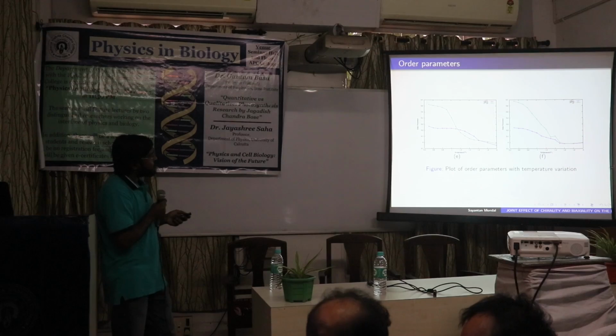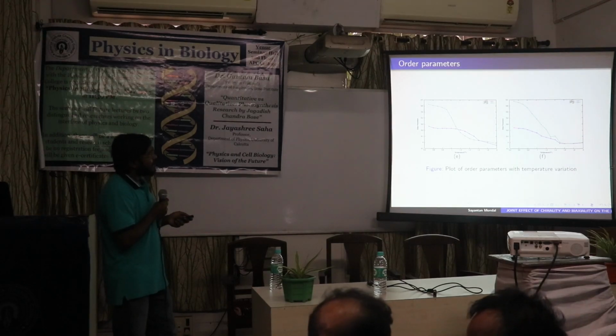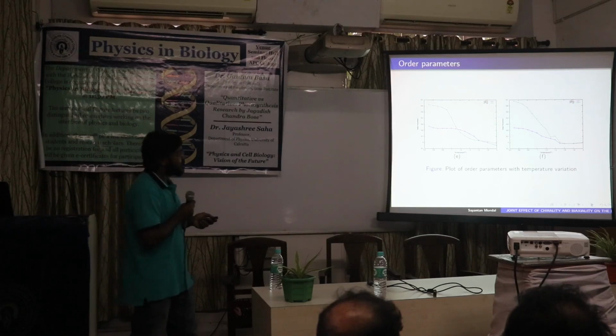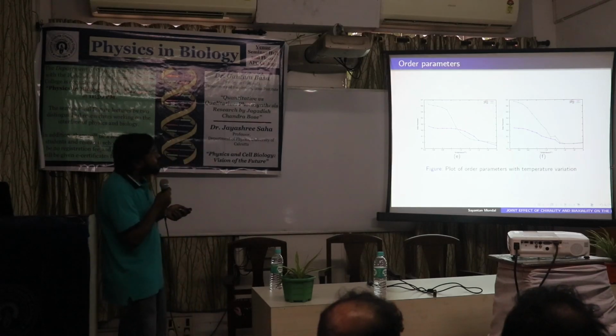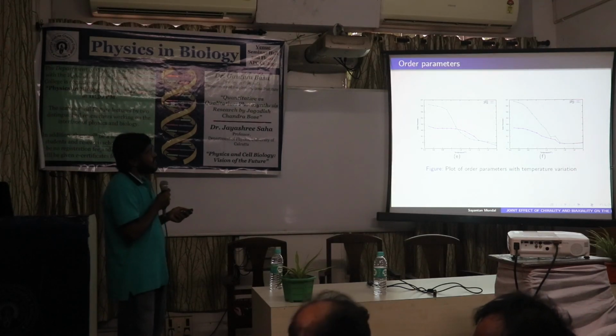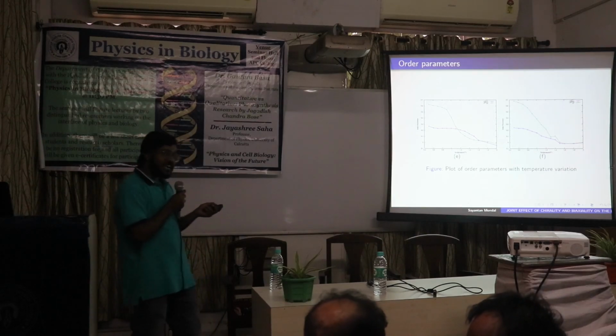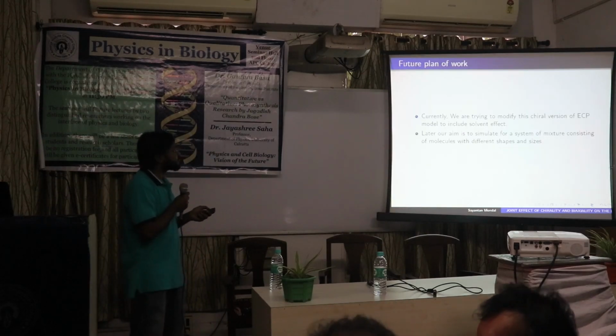This green one is for the biaxial order parameter, and this one is for the uniaxial order parameter. At lower temperature, the biaxial order parameter substantially increases for both sets of biaxiality. So the biaxiality increases at lower temperature.